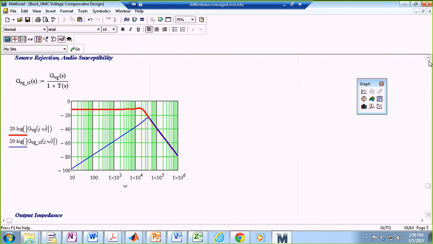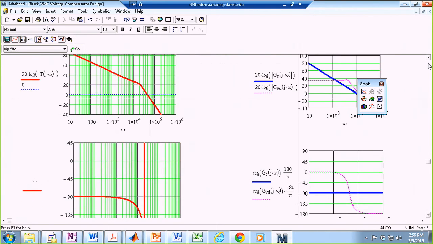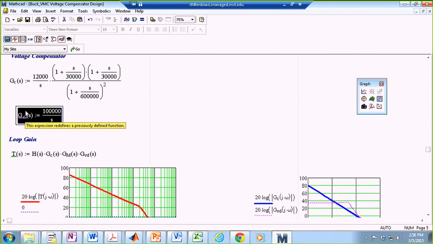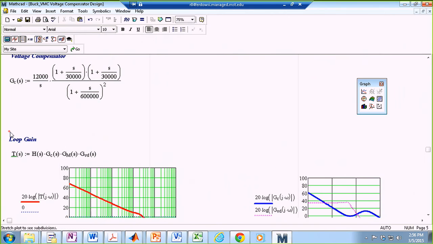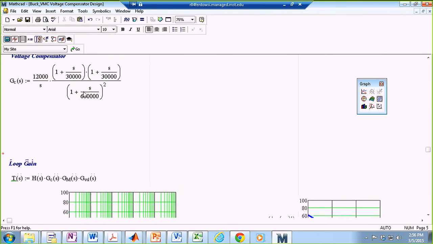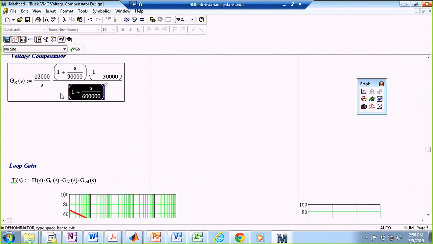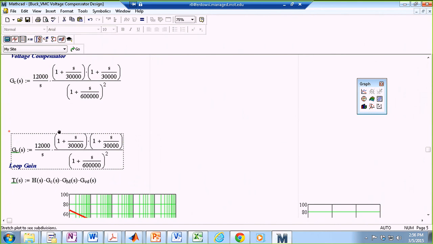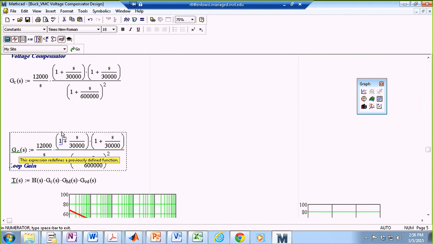So now I can actually make my compensation network a little bit fancier. For instance, let's make it a little bit fancier. Okay, this is the fanciest that I have.